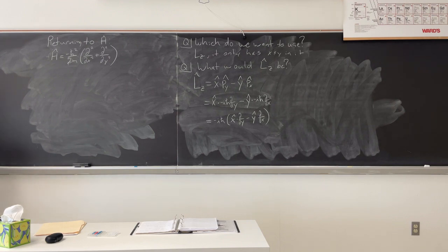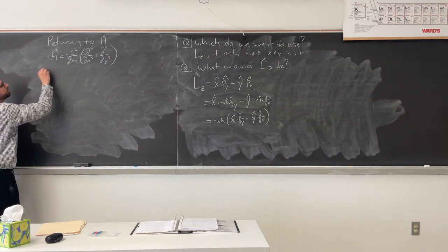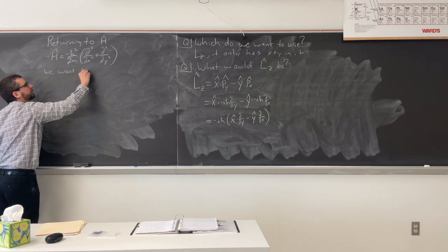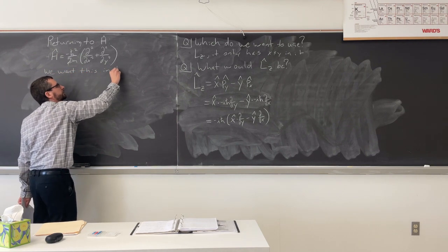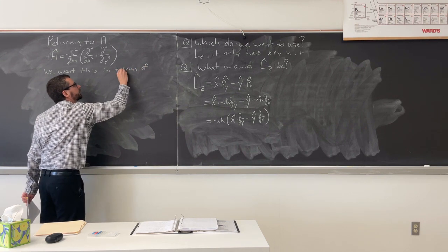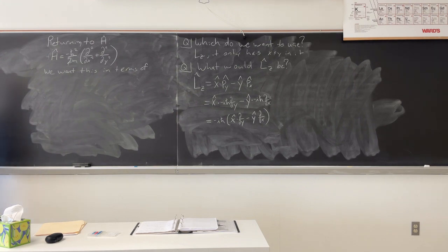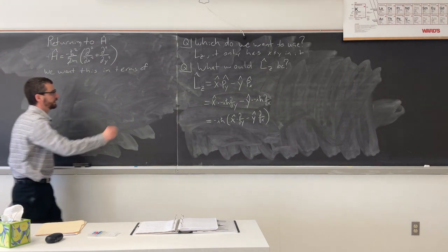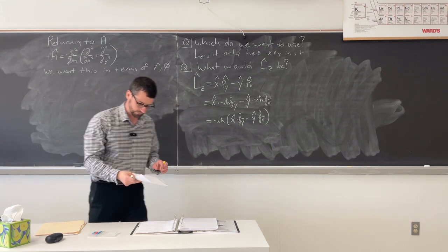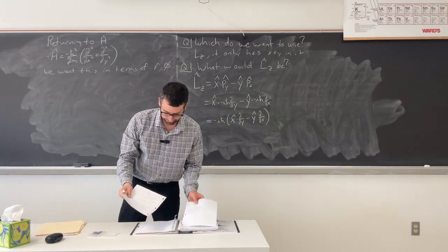But what do we want this in terms of? We don't want x and y, but what do we want? Yeah, r and phi. So we got to get a little bit closer to that.